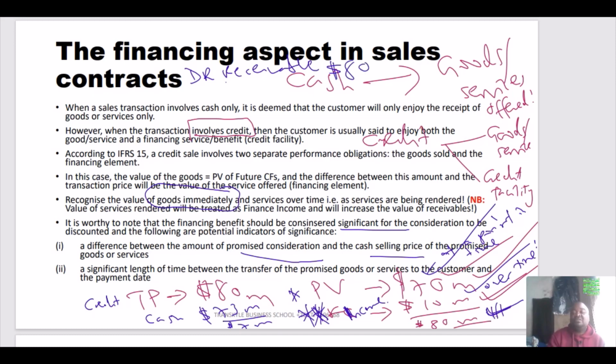No doubt, the receivable is 80 million, but then we need to credit. This time we've got two credits. The first credit is the sales, which should be 70 million, and the finance income, if it was supposed to be paid within a year, then the whole finance income goes here.